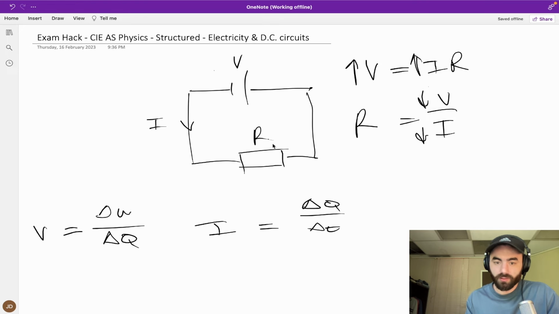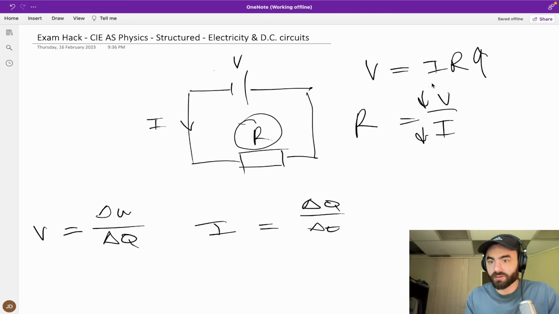Right? And then let's say we change this out for a different resistor of higher resistance. Let's say we have a constant voltage supply. If we increase the resistance with a constant voltage supply, that's going to decrease the current. It just makes sense intuitively. If we increase the resistance, it's impeding the flow of charge more, and so overall in the circuit, we have a lower current.